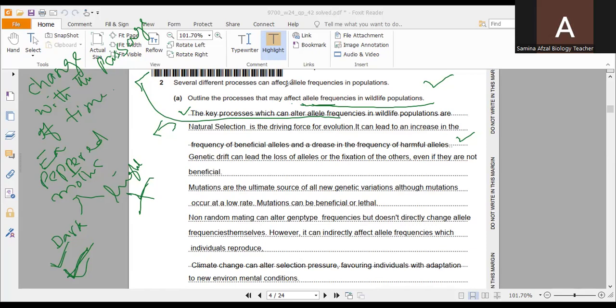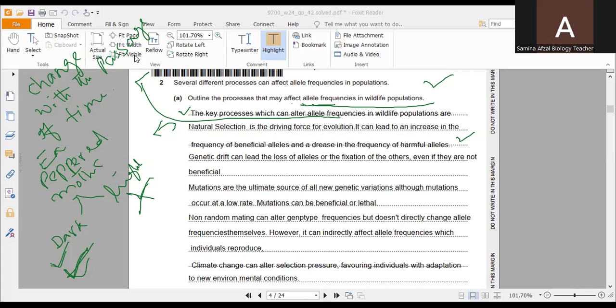So this genetic drift can occur randomly. Genetically, they will be different from one another. Genetic drift is actually the random fluctuations in the frequencies of existing gene variants within a population.